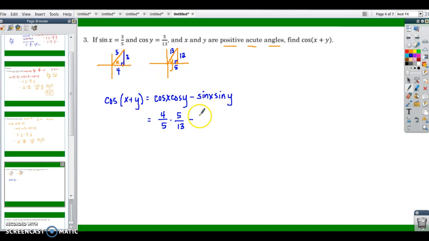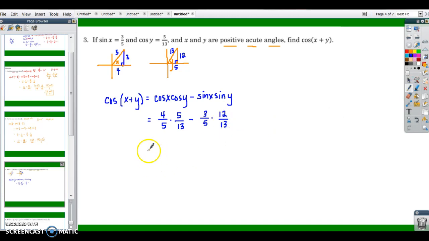Minus the sine of x times the sine of y, which is 12 over 13.